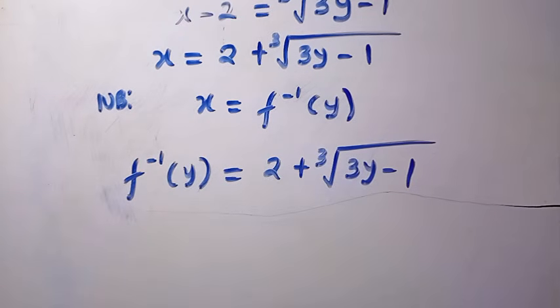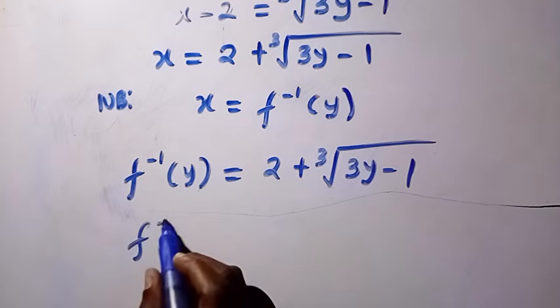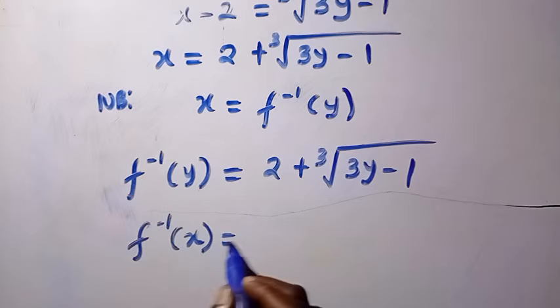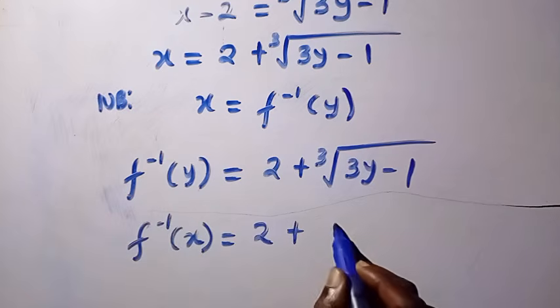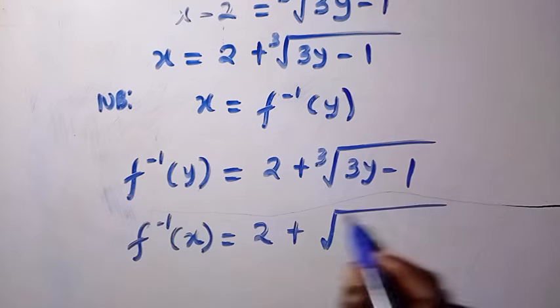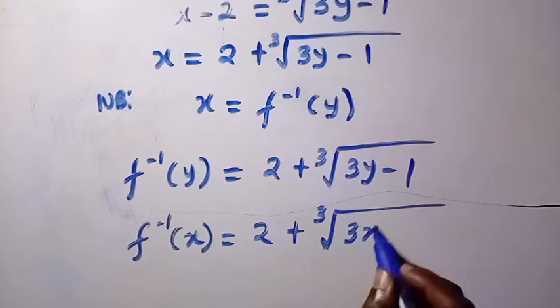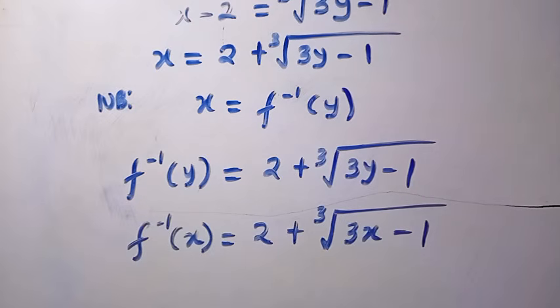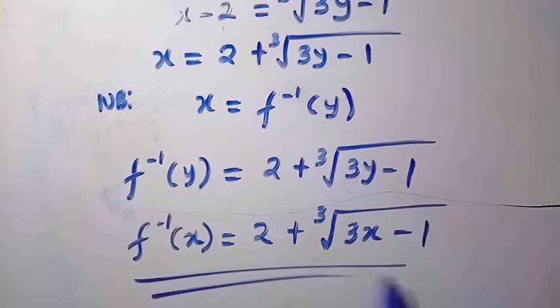Note that both x and y are members of the real numbers. Then we are going to have f inverse of x equals 2 plus the cube root of 3x minus 1. So this is for f of x.